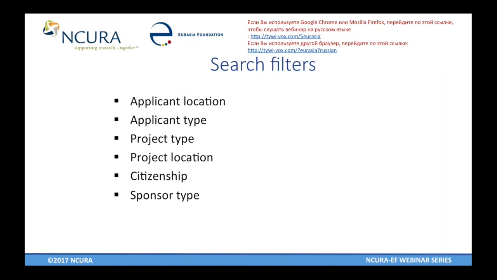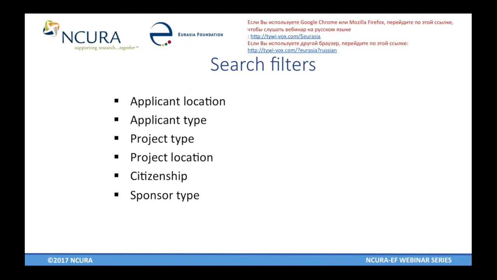Applicant type. I can tell the system if I am an individual or an organization. If an organization, I can specify if I am for-profit or not-for-profit. Project type. I might be looking for new project support, ongoing project support, or an academic or professional endeavor. Project location.